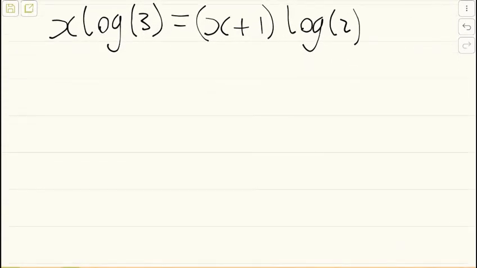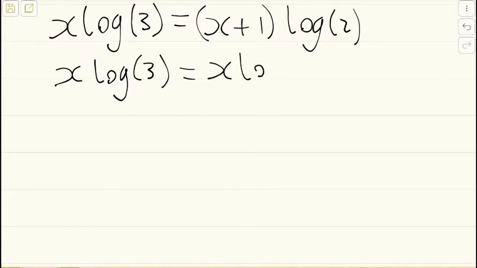Now this looks a little bit more complicated, but actually it's just like solving a normal equation. I'll show you how. Let me just expand the right hand side. So I get x log of 3 equals x log of 2 plus 1 times log of 2, which is just log of 2.